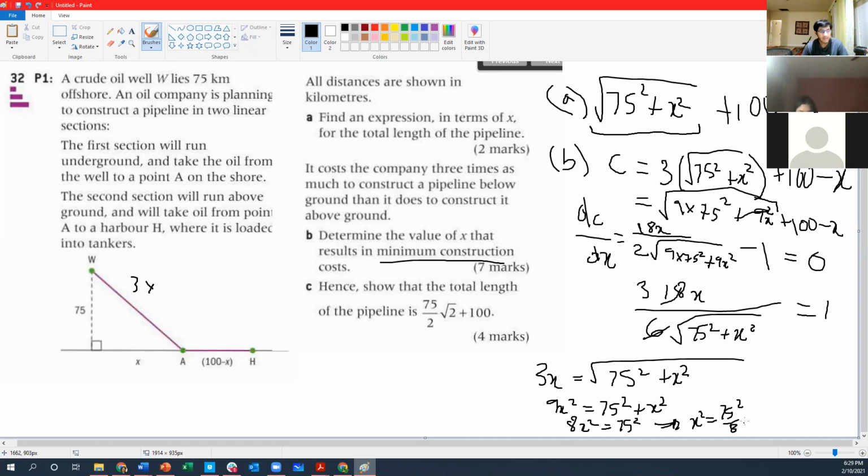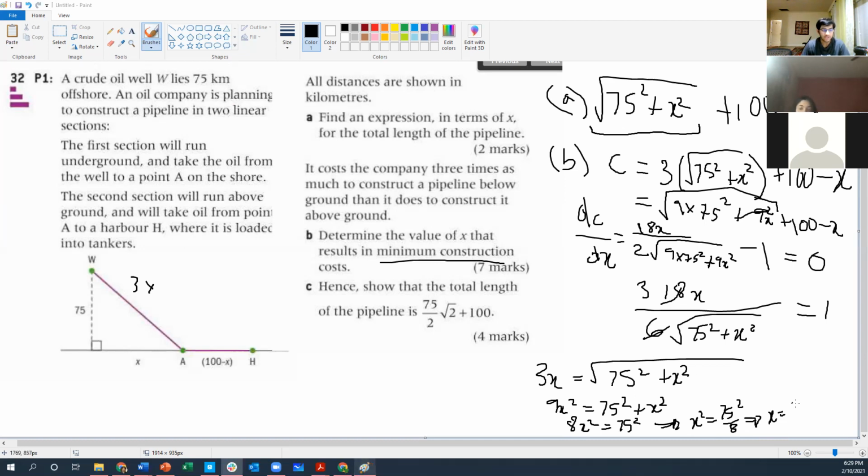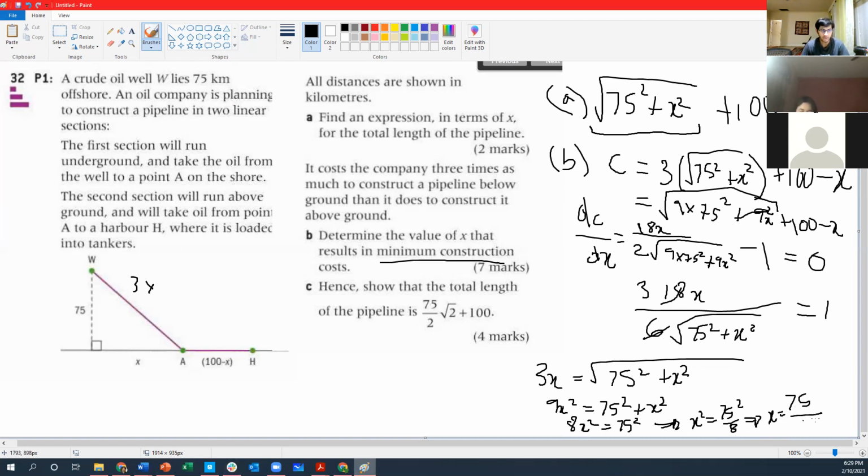Technically, we should be taking the plus and minus square roots, but it doesn't make sense to have a negative in this context, so we just take the positive square root. So this would be 75 over the square root of 8, and the square root of 8 happens to be 2 root 2. If we wanted to make this look nice, we can radicalize it, put a root 2 there, and make that a 4.